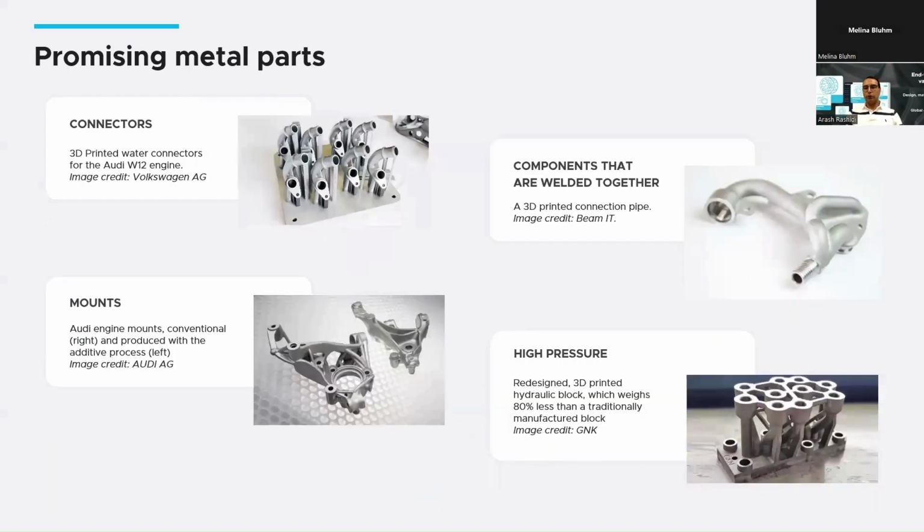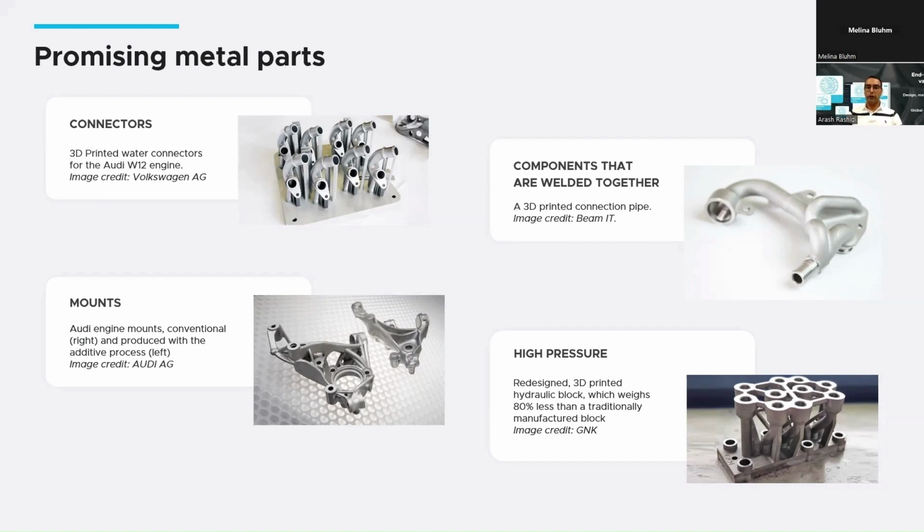If you go to the metal parts, there is the topic of different connectors, mounts, or components that normally need to be welded together, but you can now print them in a single step. Or applications such as high pressure hydraulic blocks that can be optimized for weight reduction.